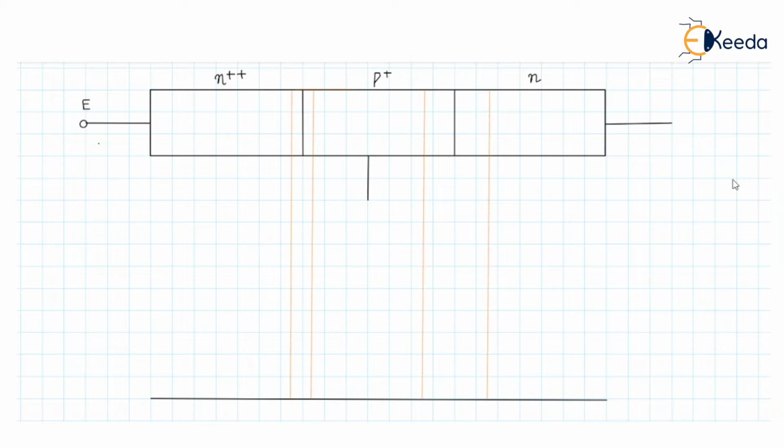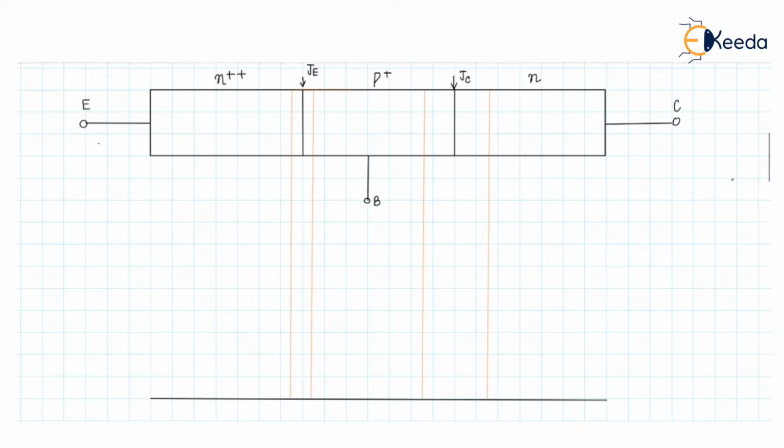So this will be the base terminal, and this will be the collector terminal. As we know, this junction is the emitter junction JE, and this junction is the collector junction JC.